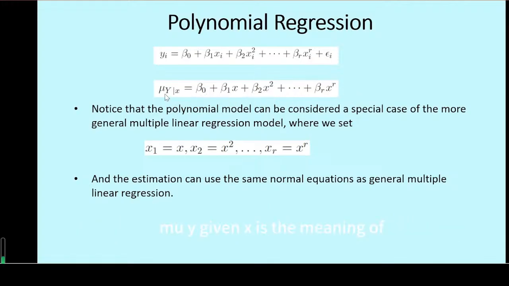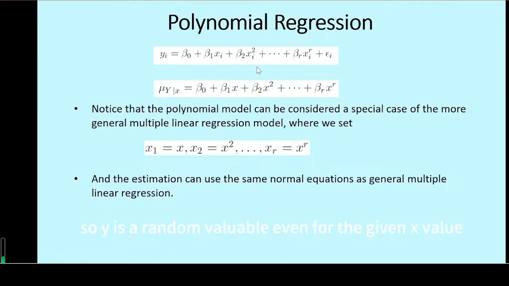So mu y given x means the mean value of y given x. For the same fixed x variables, the y variable is random. That's why we write mu y given x, because y has two parts: the linear part with the x and the parameter, and the random part.